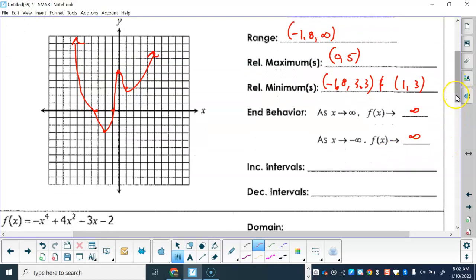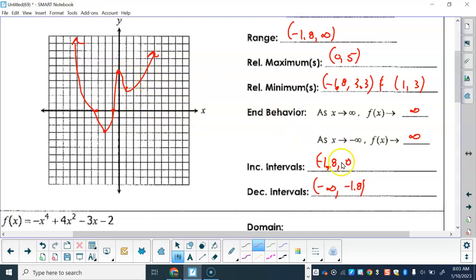Now we're increasing and decreasing between our maxes and mins. We're starting off with a decrease at negative infinity on the left side of this graph, and we go to our relative minimum at negative 1.8. Remember, we're only talking about domains. At negative 1.8, it changes direction and goes up to the maximum at 0.